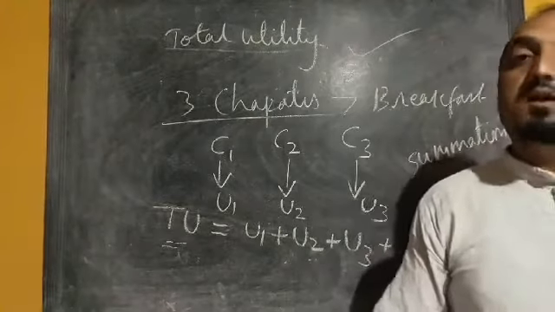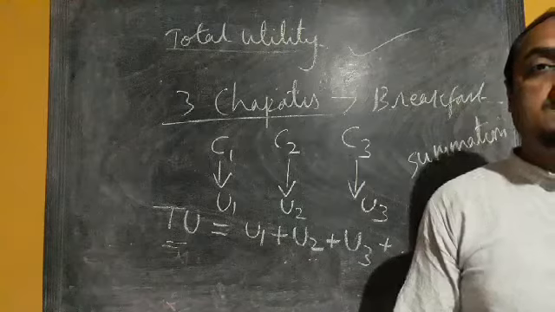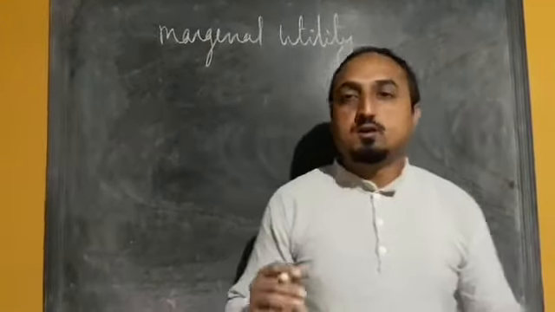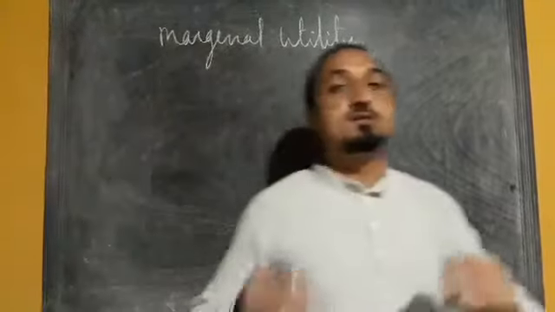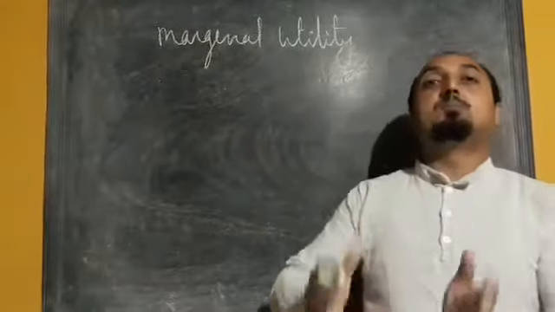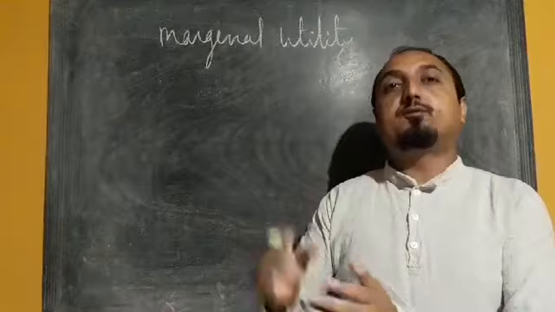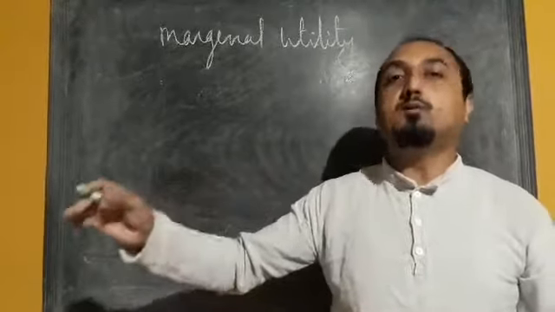Now we'll move to marginal utility. The next concept is marginal utility. Marginal utility is defined as the additional level of satisfaction obtained from consuming one more unit of output.